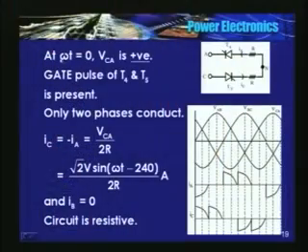Let's see the equivalent circuit. At omega t equal to 0, VCA is positive and gate pulses for T4 and T5 are present. T5 is connected in this manner, T4 is connected in this manner, with a resistive load. Current can flow in this direction because VCA is positive.